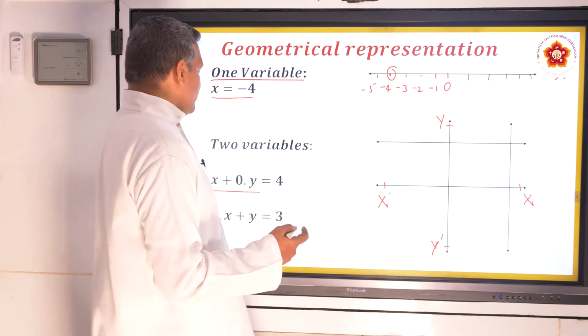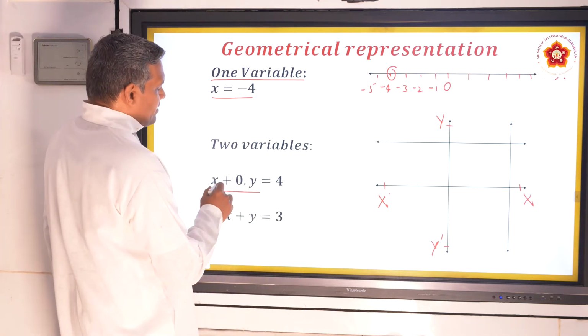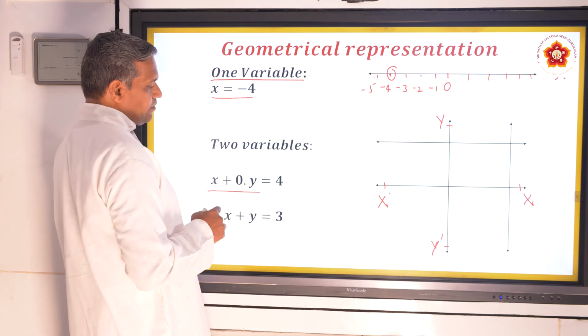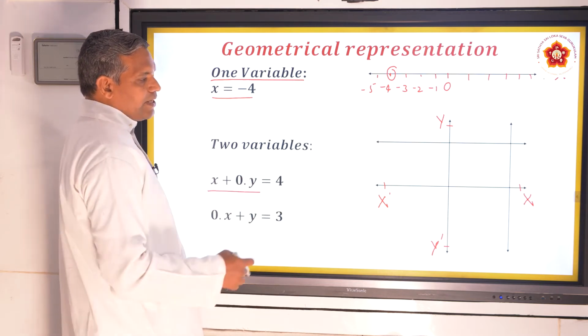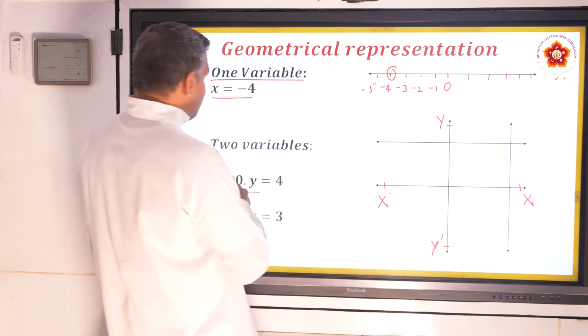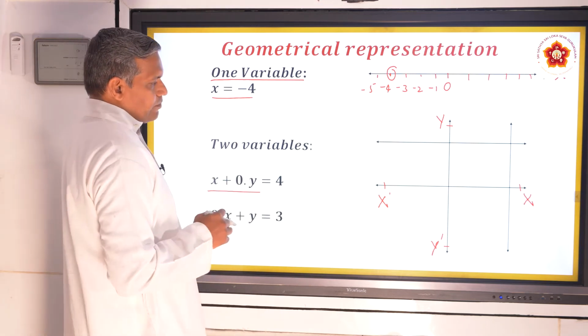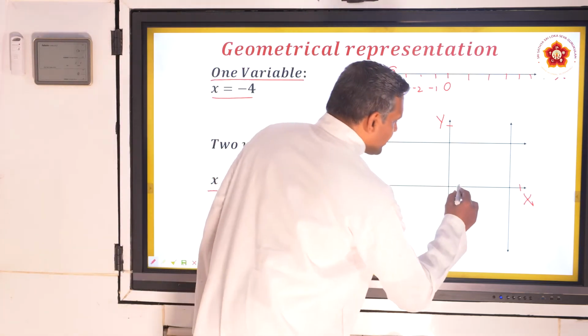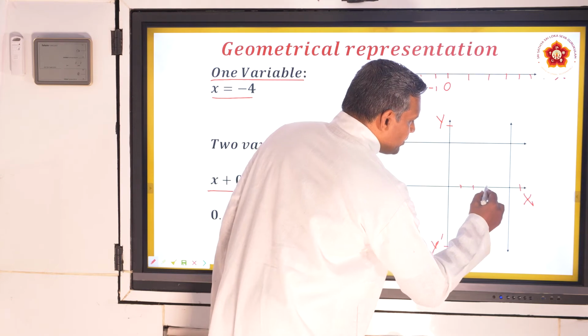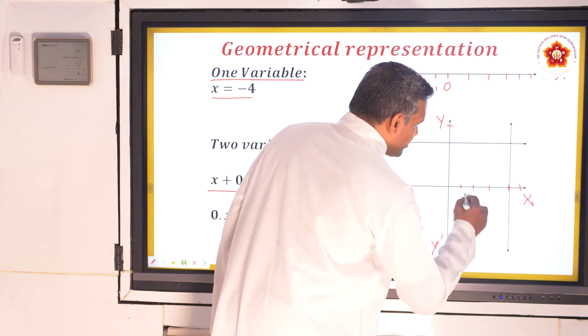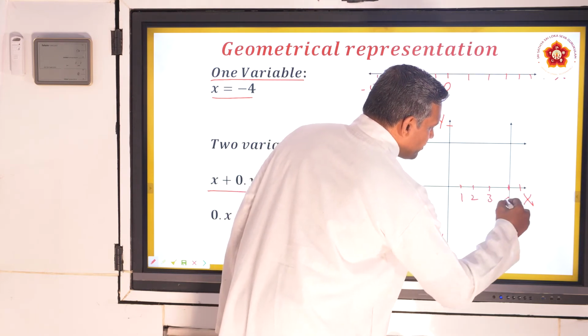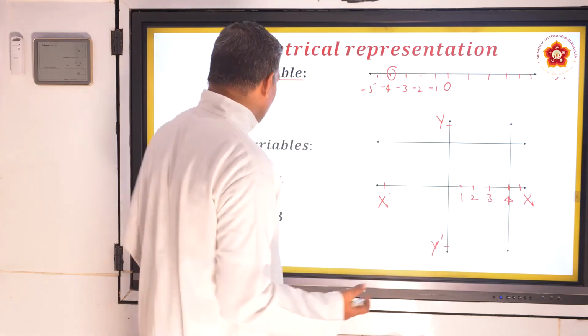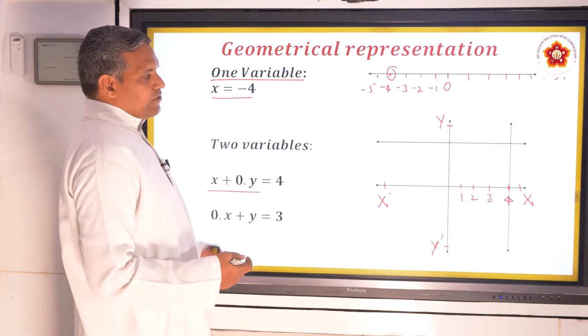Now I got x plus 0y equals 4. What is this equation? Let's look into x plus 0y equals 4. In x, what will I take? 1, 2, 3, 4. So this is 1, this is 2, this is 3, this is 4. I am reaching the 4th place in x and y equals 0.